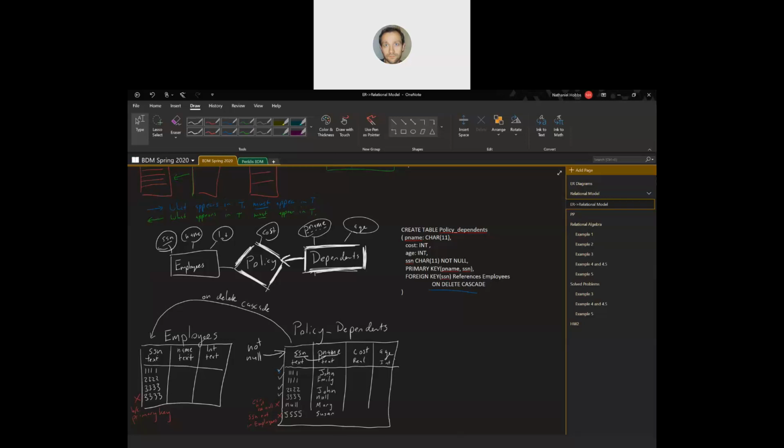It's the policy that has a relationship with the dependence relation. So you would use the policy ID. In this example, I'm directly relating the employees and the dependents, which is why I'm using SSN. But it's not the way in the homework.